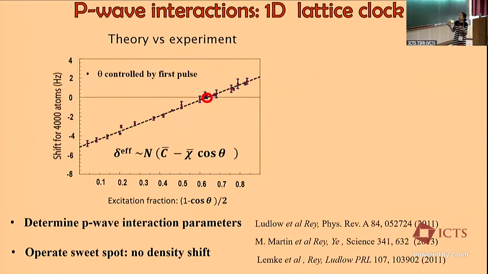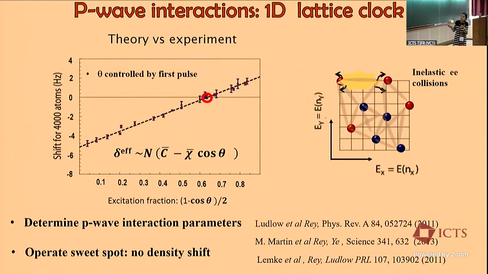And this is what allows us to actually improve the clock and get rid initially of the role of the collisions. Actually, there are still some inelastic interactions that don't change the ticking rate of the clock, but reduce the time.